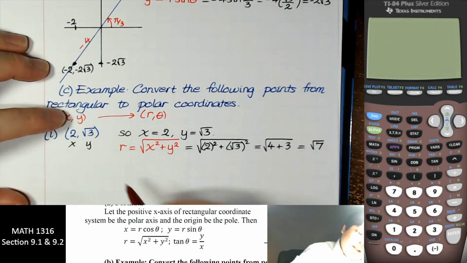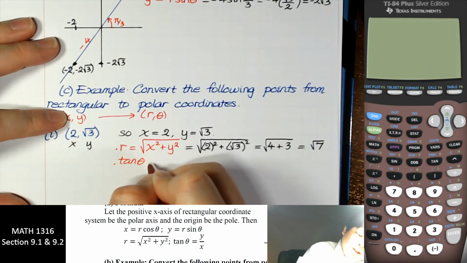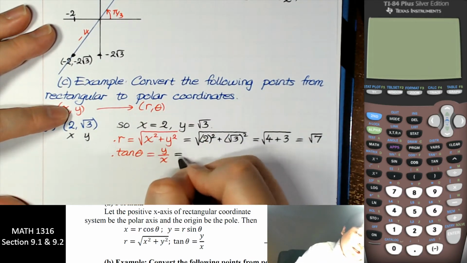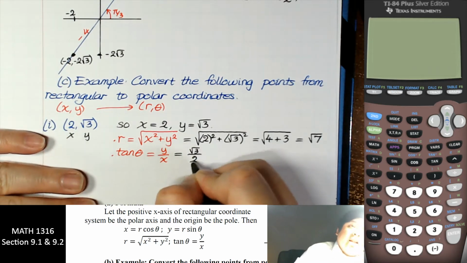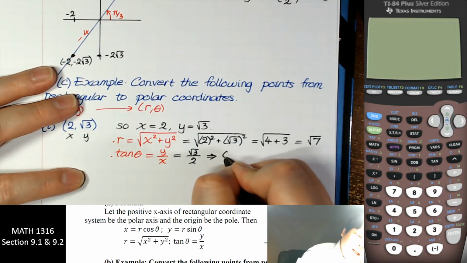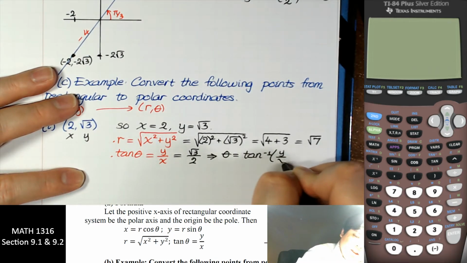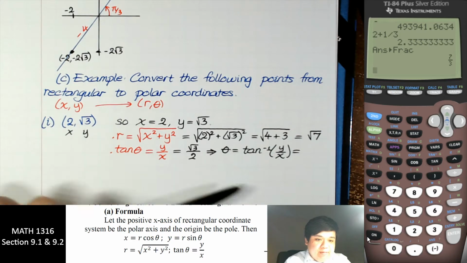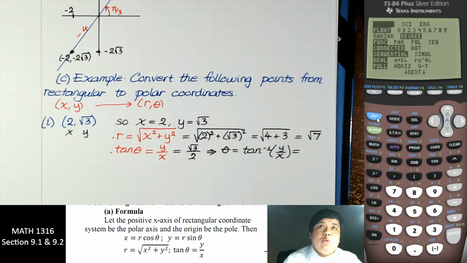Right, next we have tangent of theta is y over x. So that means tangent of theta is square root of 3 over 2. This does not give us any nice values, but that is fine. When we solve for theta, just take tangent inverse. Usually when using the inverse function, we keep the calculator in degree mode, which is good.